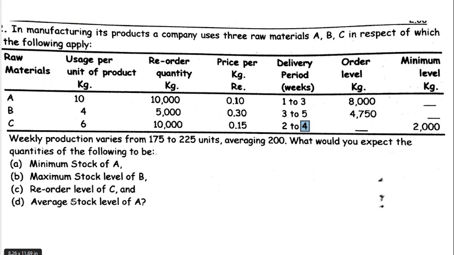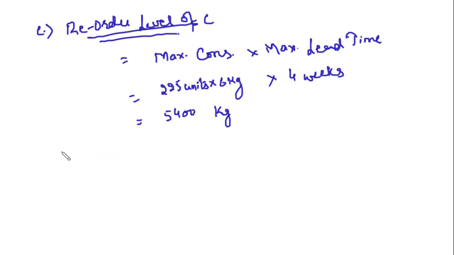Now they say average stock level of A. Now see, we have calculated the minimum stock level of A. We have the reorder level, but we do not have the maximum level. So how will we calculate average stock?